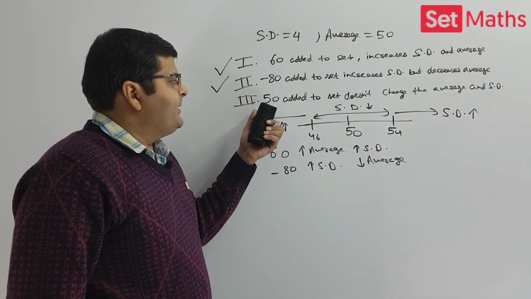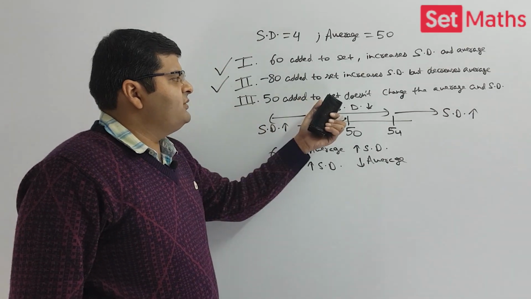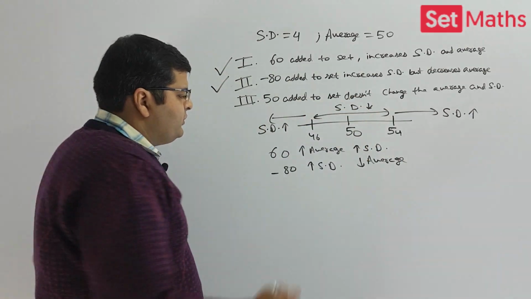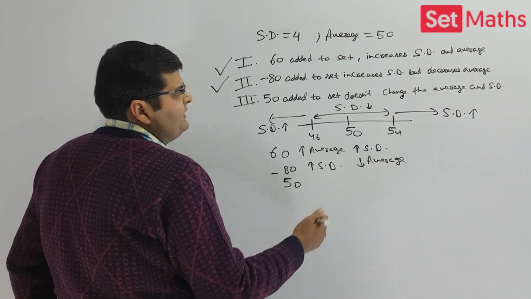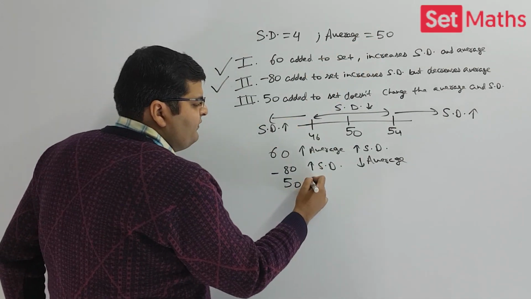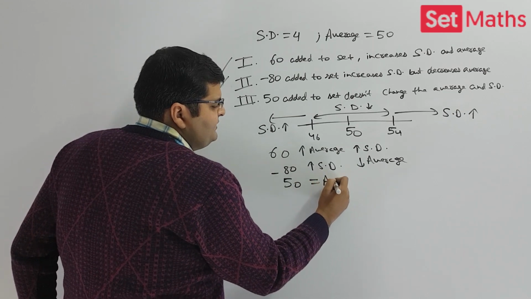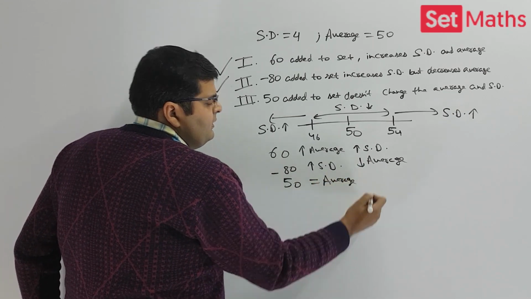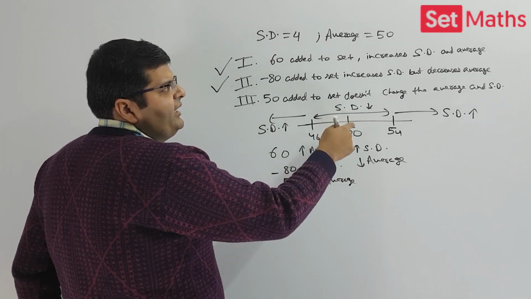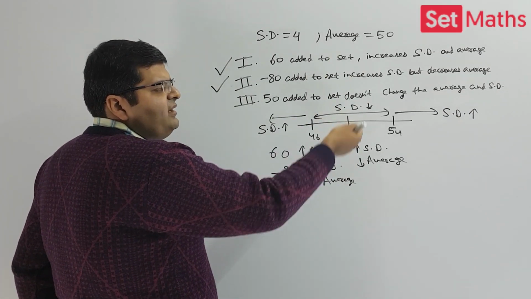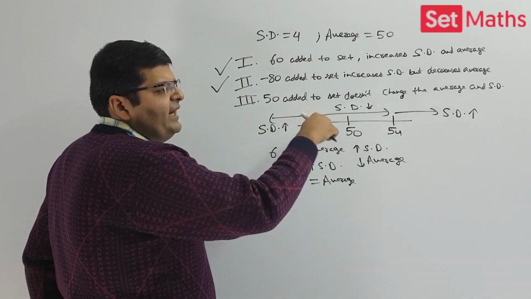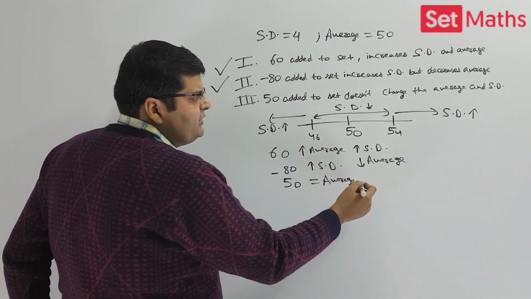Finally, the third statement says that when 50 is added to the set, it doesn't change the standard deviation and average, both of them. The average is 50 and I am adding 50, so the average remains the same. But for the standard deviation, 50 is a value at the mean, and the standard deviation is 4, so adding it will decrease the standard deviation.